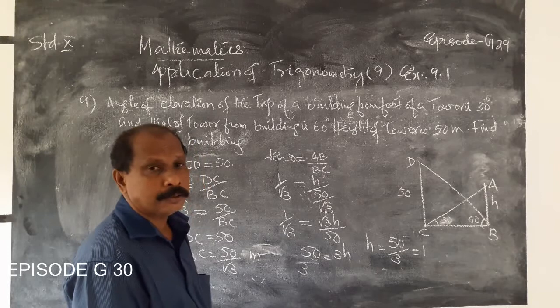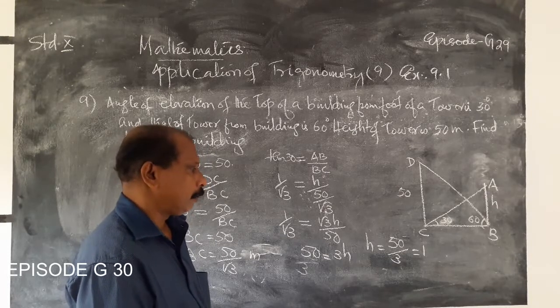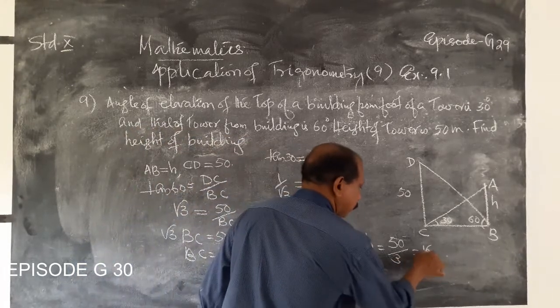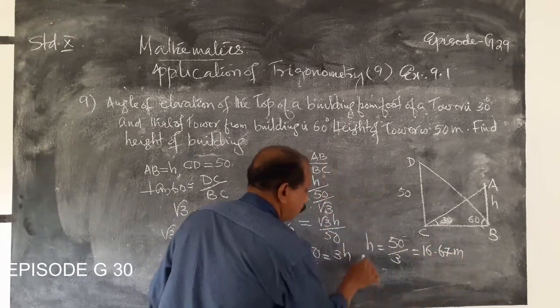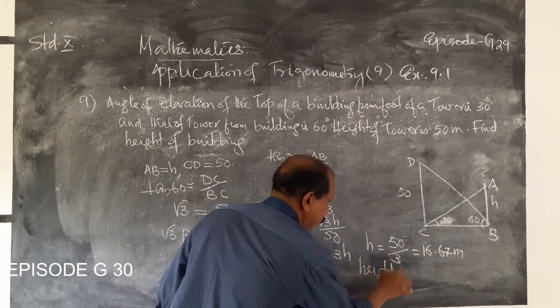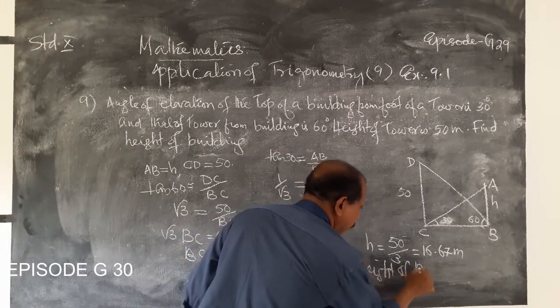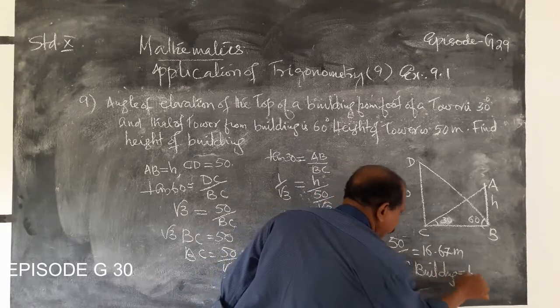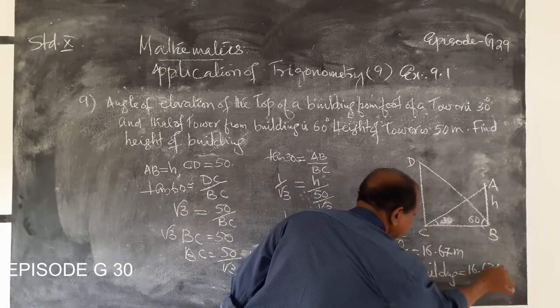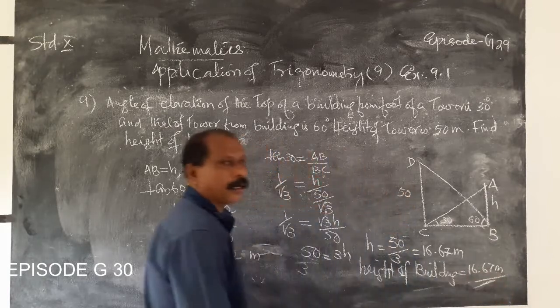The remainder is 2, 20. 6 threes are 18. Remember, that is 6, 6, 6, 6, that is 16.67. Therefore, the height of the building is equal to 16.67 meters. That is the answer.